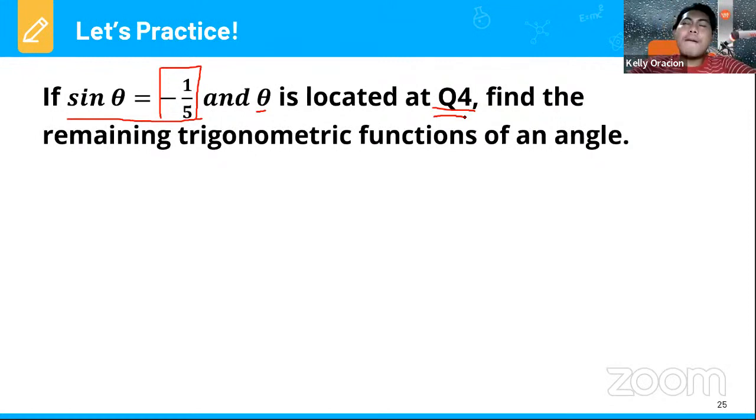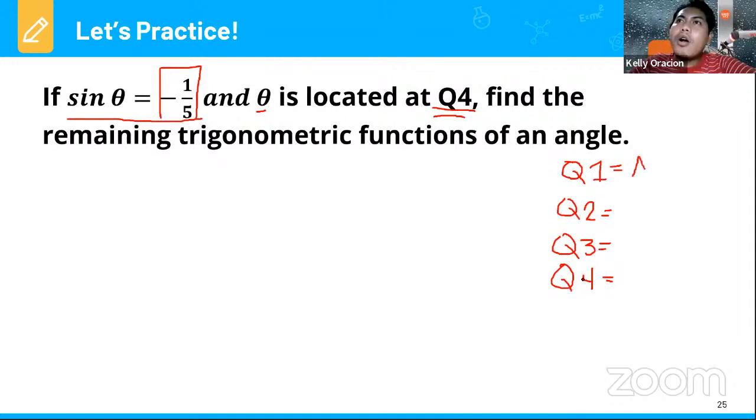But before that, let me give you this concept first. Please listen and take note of this one, so you won't be confused. In quadrant 1, all trigonometric functions are positive.